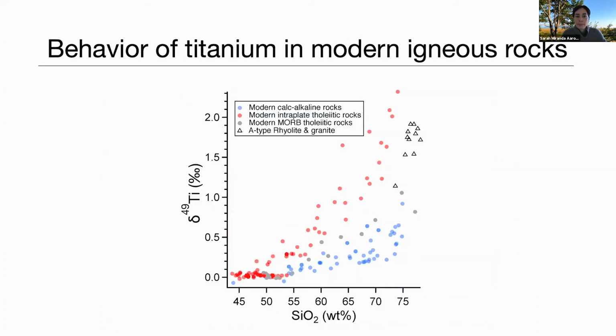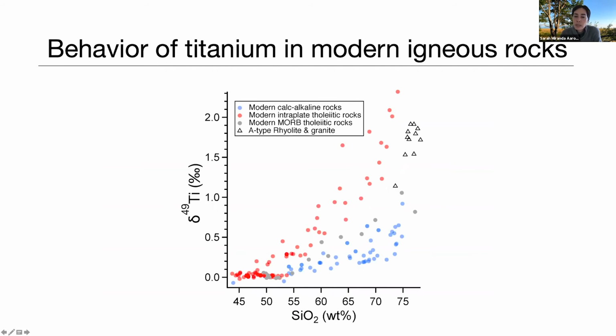So this is a background of what we know about titanium isotopes in modern igneous rocks, rocks that have been formed through modern volcanism, right? These red dots here are showing rocks that are formed in these plume settings.